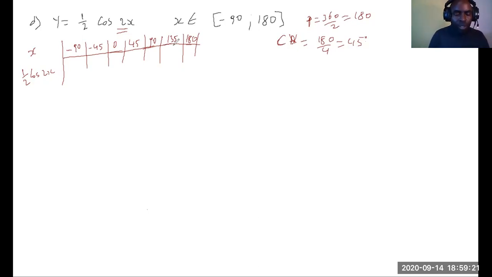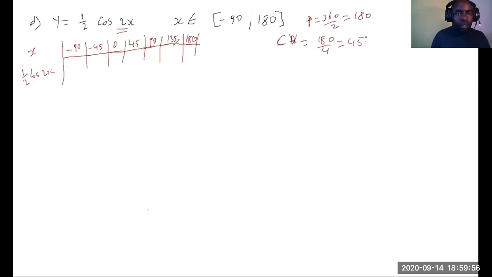Then we can again use our calculator. Our f of x is a half cos 2x. That's it. And then we are starting from negative 90. We are ending at 180, and our jump is 45. So very important.